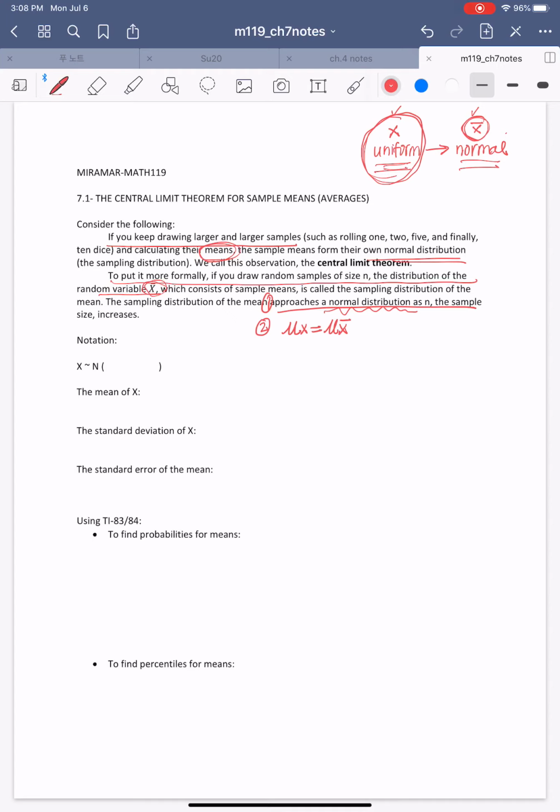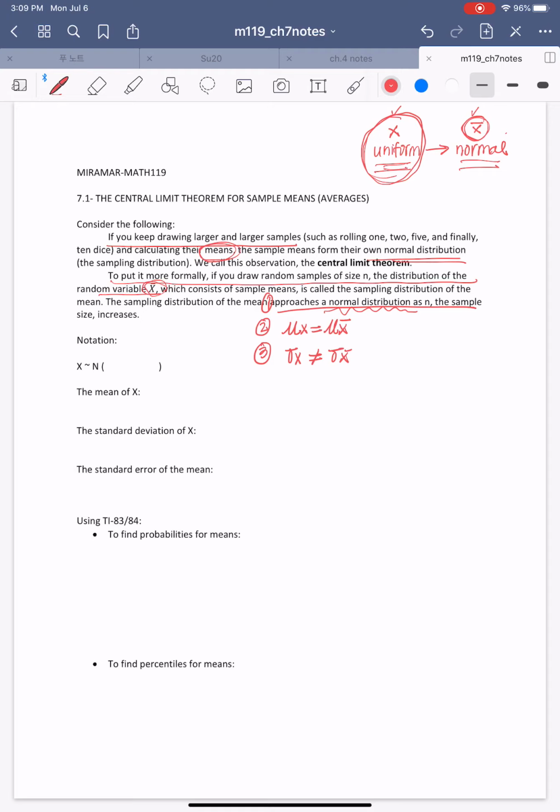Remember, it was going to the same mean value, 3.5. And the third comment was the standard deviation of x bar was not equal to the sample standard deviation. It was going on and off. It was 1.1, 1.2, and then going back to 1.21. It was around 1.2, but there was some up and down.